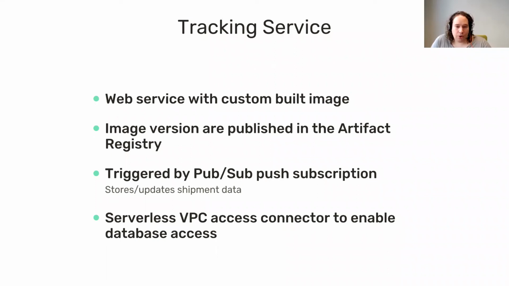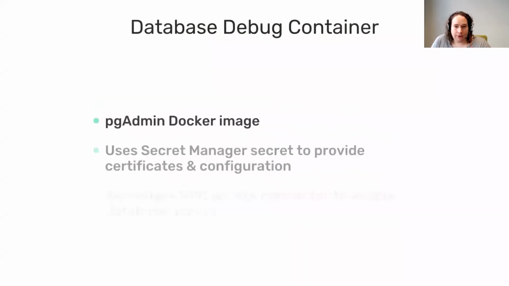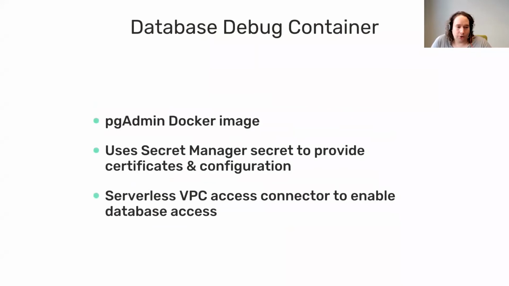And I mentioned already the PubSub push subscription to keep the shipments up to date, and also to enable the database access, you need this serverless VPC access connector. Yeah, just something you have to keep in mind. It's probably too detailed. Of course, it would have also been an option to make the database public.